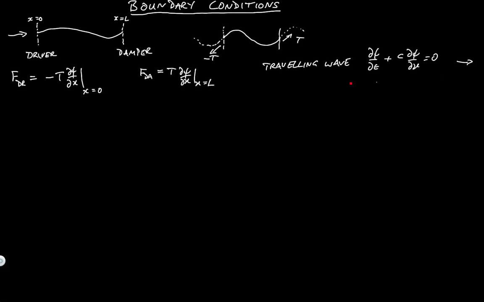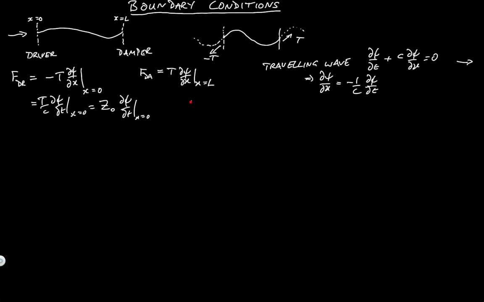Okay, using that, that tells us that d psi by dx is equal to minus 1 over c d psi by dt, and we can substitute in, so we see that the driving force is T over c d psi by dt at x equals 0, which we define as Z0, the characteristic impedance, d psi by dt at x equals 0.